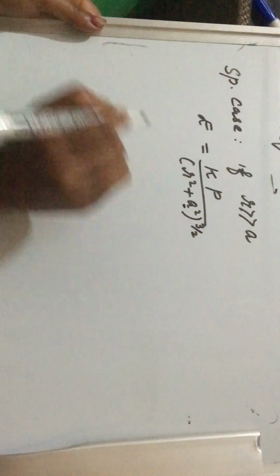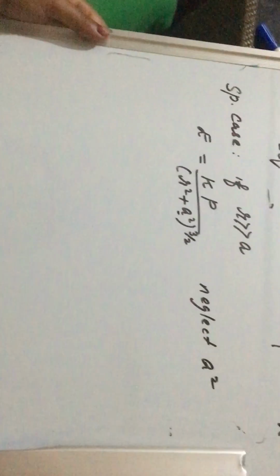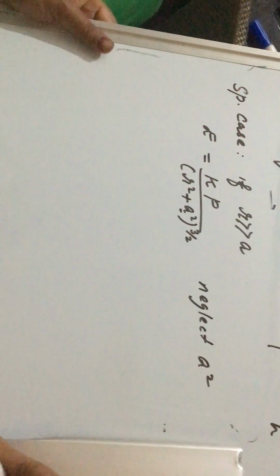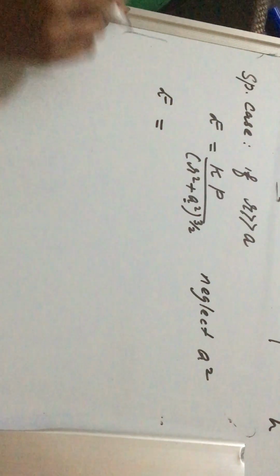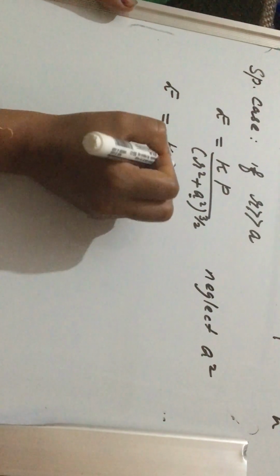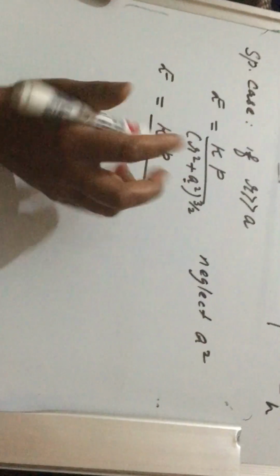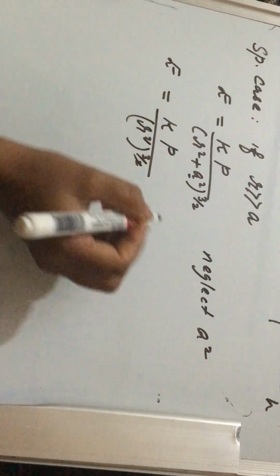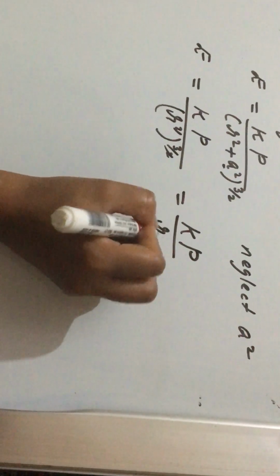If r is much larger, then what can we do? We can neglect a square. What is the reason? If r is much larger, then a square will be further smaller compared to r. Then if we neglect it, this will be K P by r square to the power 3 by 2, and this will cancel out, giving K P by r cube.